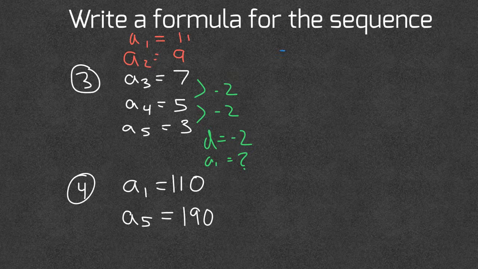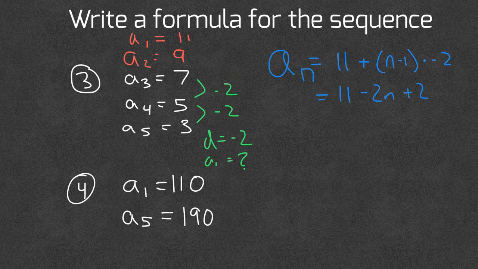So I can write my formula. a_n equals a1, which is 11, plus n minus 1 times the common difference, which is negative 2, and then distribute: 11 minus 2n plus 2. So my final answer, a_n equals 13 minus 2n.